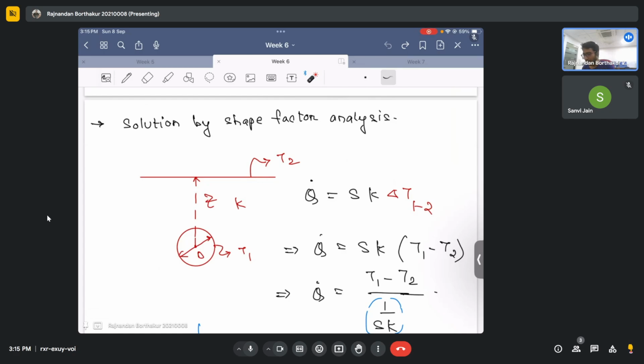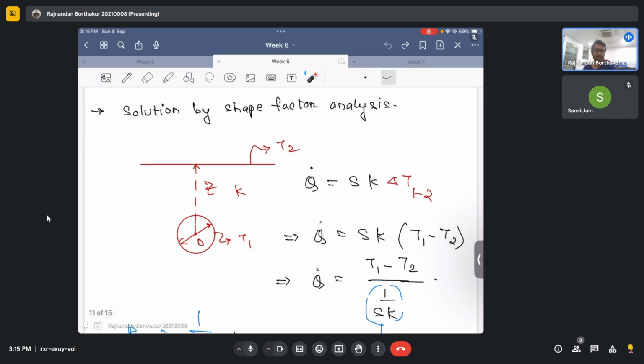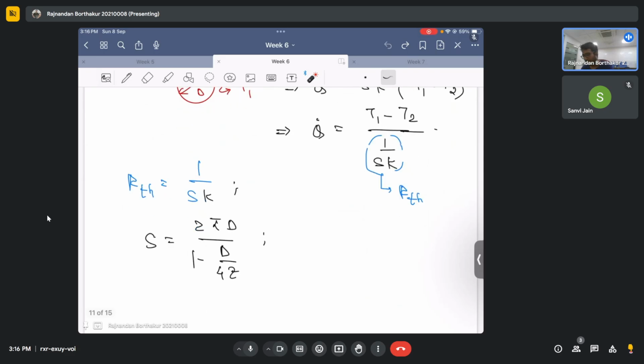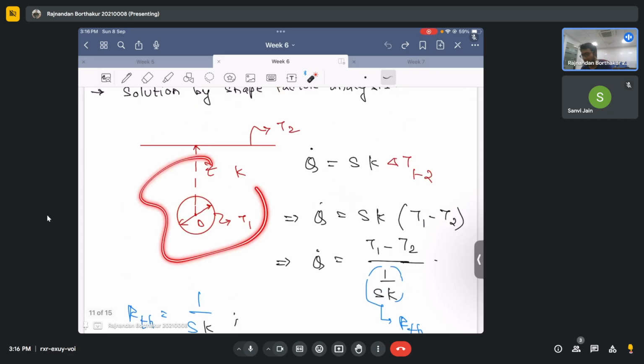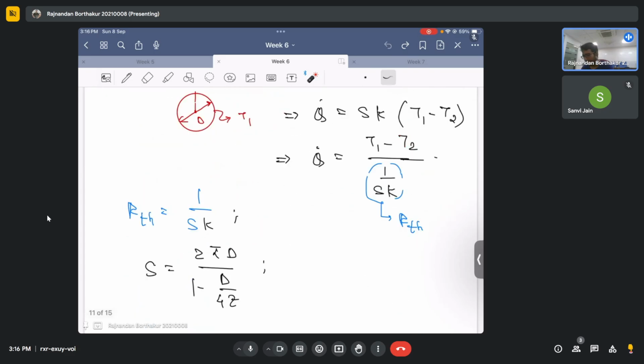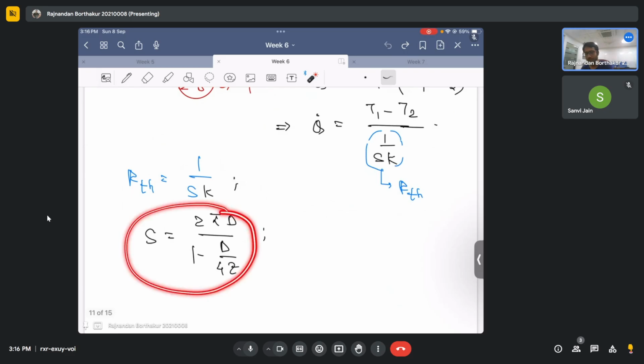And then we learned something known as shape factor analysis. This was relatively simple because this was a more practical way of solving 2D problems, where the rate of heat transfer is just governed by your shape factor multiplied by the thermal conductivity and the temperature difference. Depending on the geometry that you are solving for, you have a specific expression for the shape factor. For instance, in this case, I have a sphere in a semi-infinite medium, and the expression of shape factor was something like this.